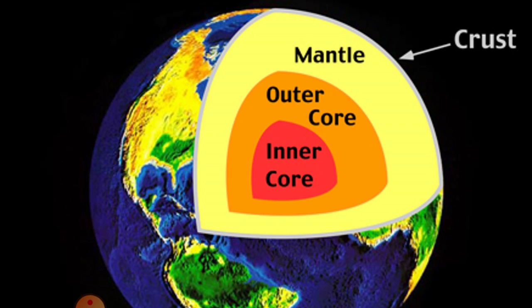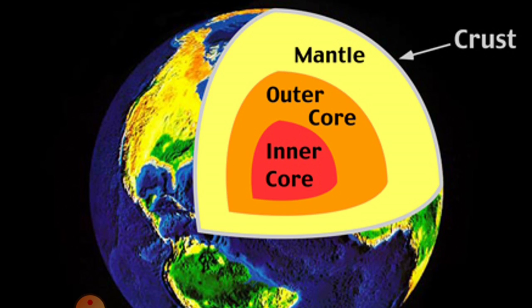The core has two parts, the outer core and the inner core. The outer core is liquid and the inner core is solid. All the natural resources of the earth are found on the lithosphere, which makes it so important. So children, this is all about lithosphere.